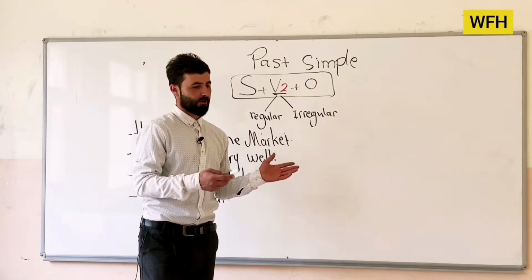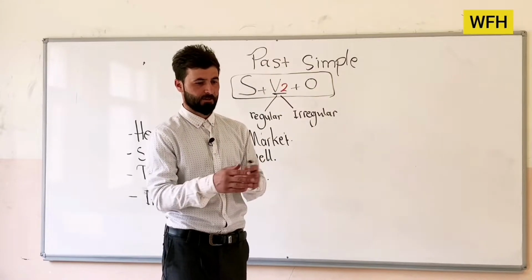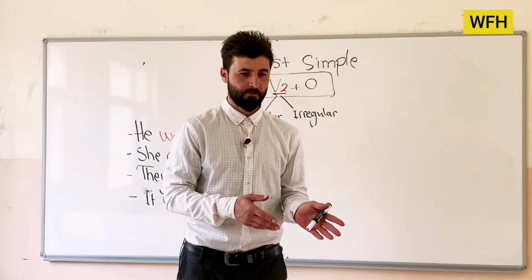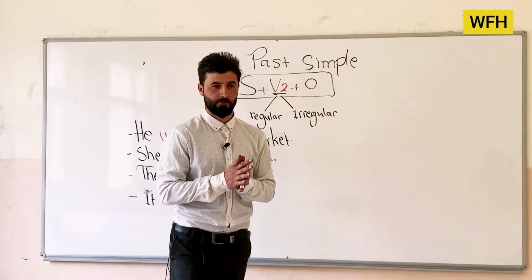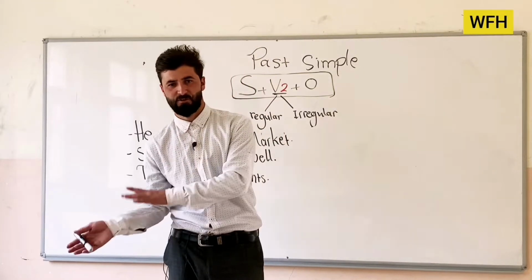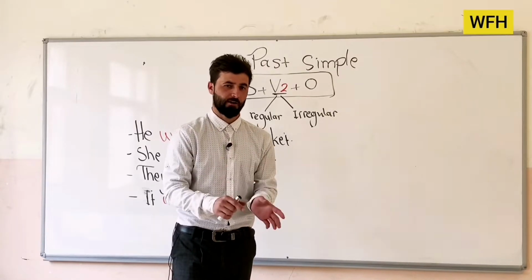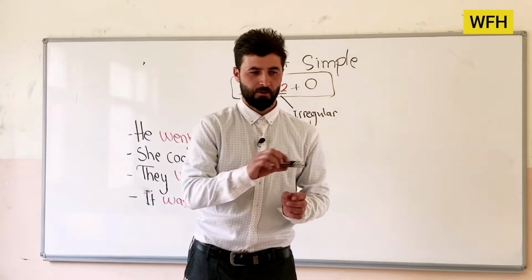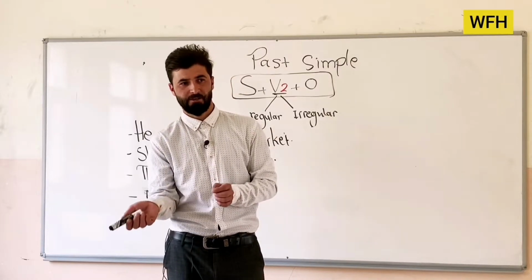Regular verbs are verbs where you just add ed to make them past, but irregular verbs are not made past by ed. The whole word is changed, replaced by a different word. For example, be becomes was or were, but with the regular verb play, it's going to be played.